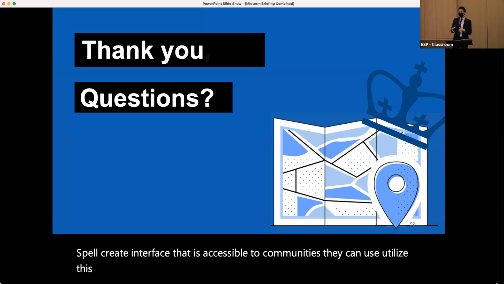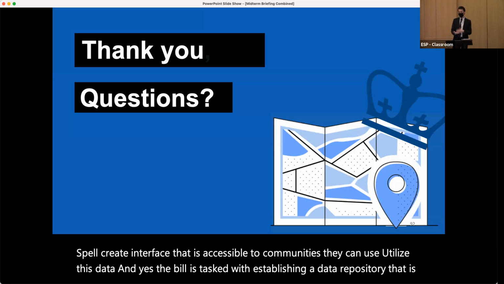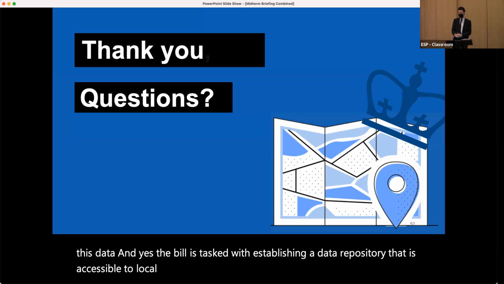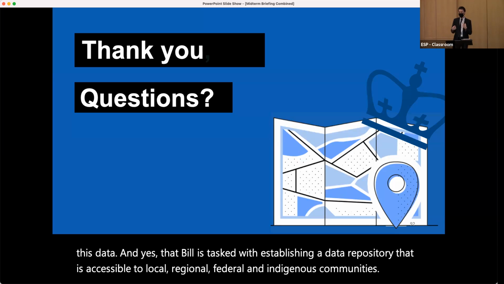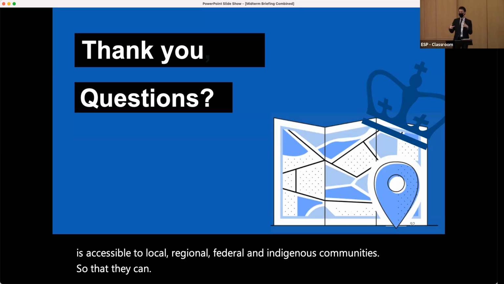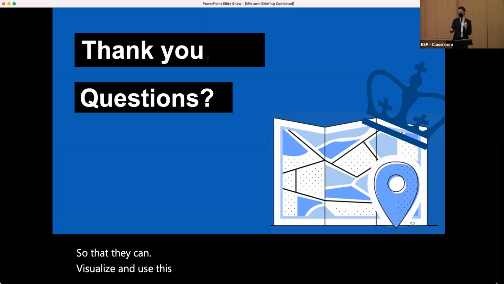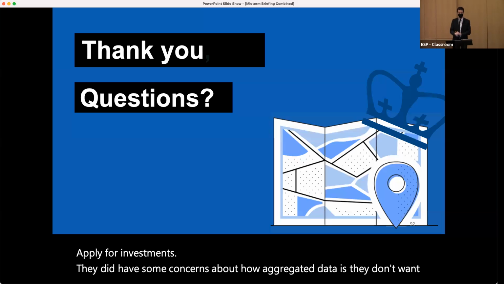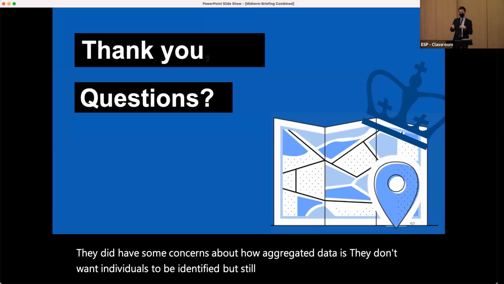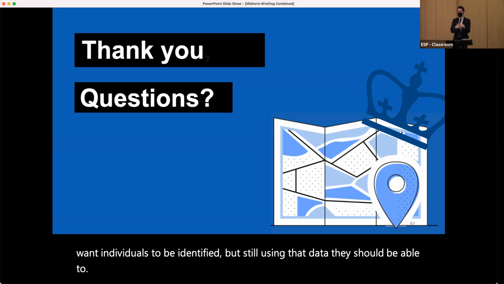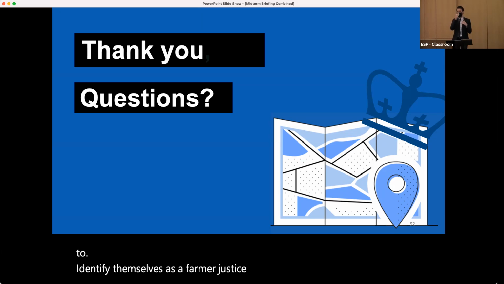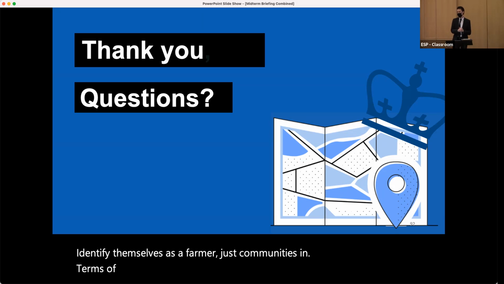And yes, the bill is tasked with establishing a data repository that is accessible to local, regional, federal, and indigenous communities so that they can visualize and use this data to apply for relevant federal investments. They did have some concerns about how aggregated the data is because they don't want individuals to be identified, but still using that data, they should be able to identify themselves as environmental justice communities in terms of accessing relevant federal funds.